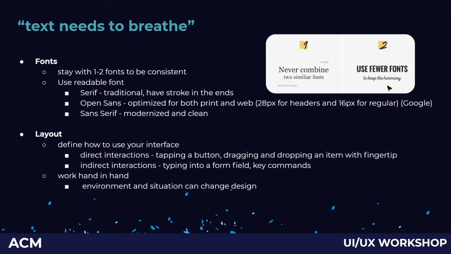What kind of content do you want the users or the customers to use? Like tapping a button, dragging and dropping an item with a fingertip, typing into a form field, key commands, all those interactions. You gotta think about interactive prototype, but we'll talk about prototyping, wireframing later on in UX, and just talk about the layout.